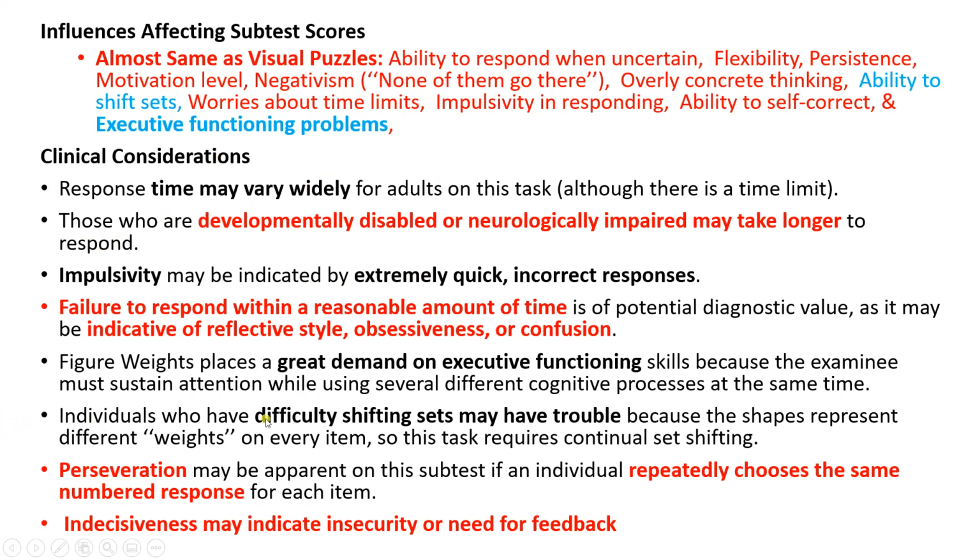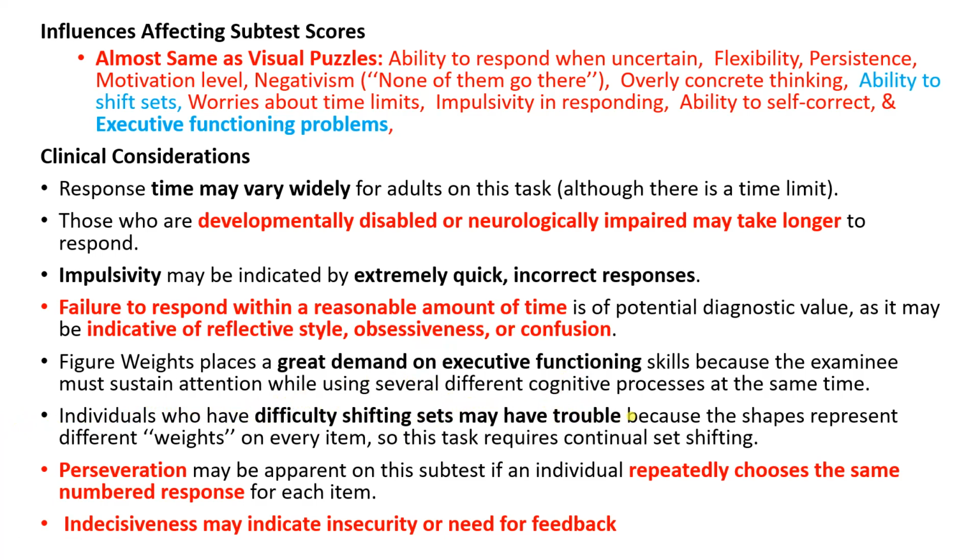Similarly, figure weights places greater demand on executive functioning skills. And for this, one has to sustain attention while using several different cognitive processes at the same time. Therefore, any individuals who have difficulty in shifting sets may have trouble performing this subtest because the shapes represent different weights every time.